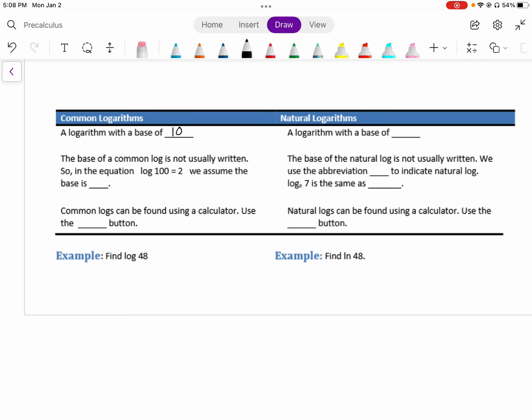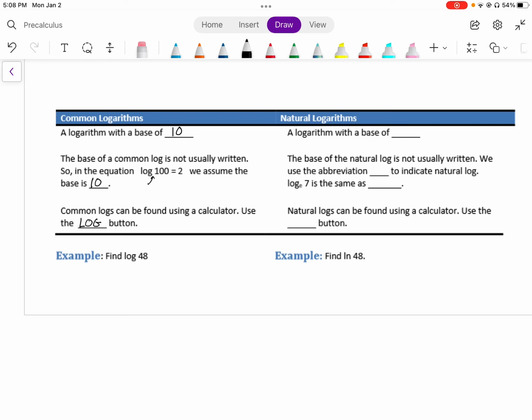It says so in the equation log of 100 equals 2, no base written, we assume the base is 10. There's a button on your calculator, the log button, and so we'll use that.